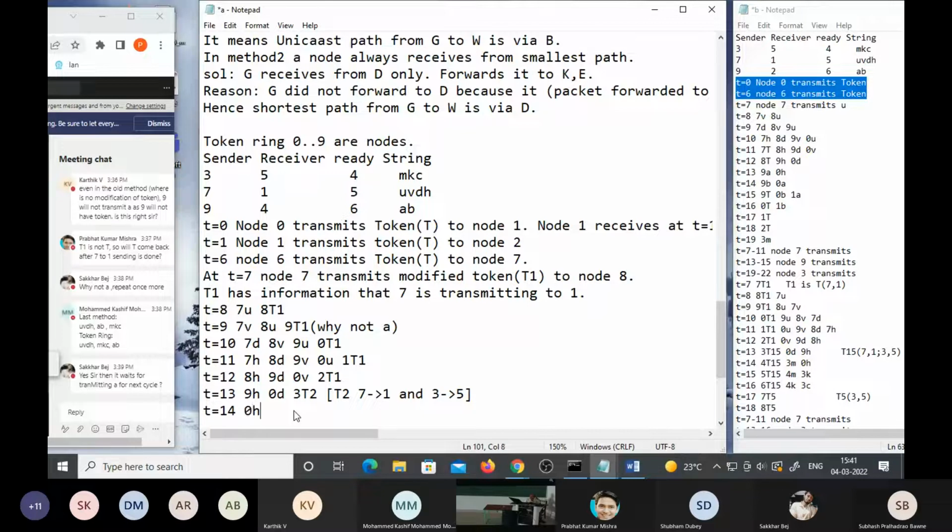Zero will transmit H. 4 will transmit P2. Sir, it was transmission from 7 to 1.